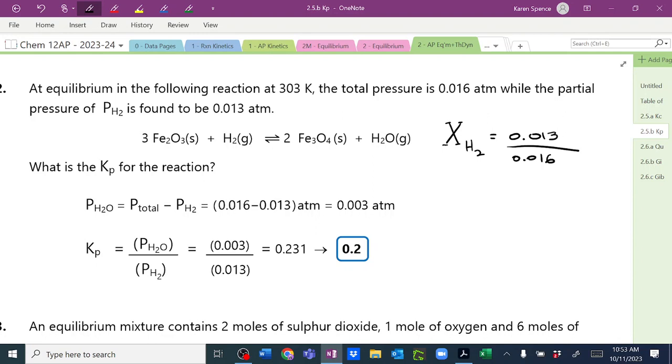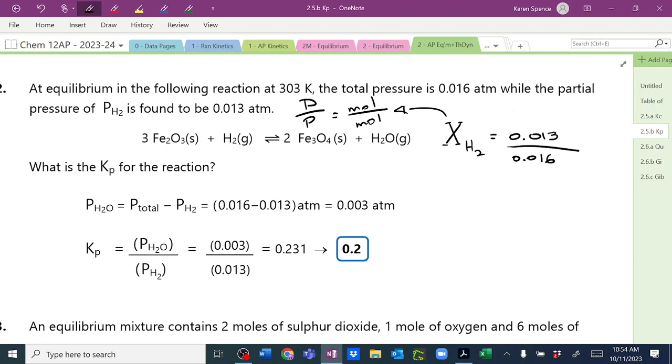You can do this, but you're just going to end up doing 3 steps what you could do in 1 step. Mole fraction is going to be either the moles over the total moles, or the pressure over the total pressure, because moles and pressure are directly related.